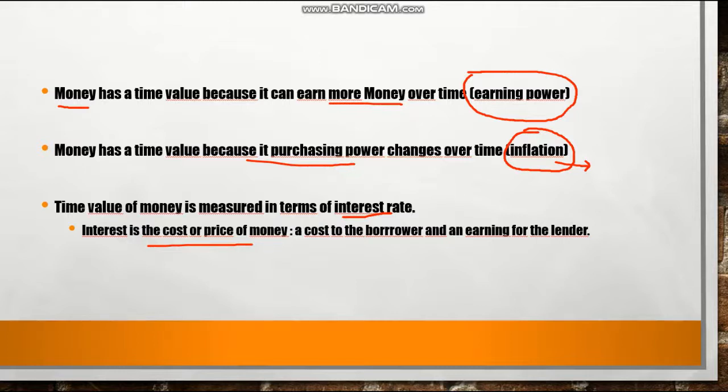Annually it's like, I don't remember, 15-16% or something like that. So this is how we can measure how we are going to earn or lose money. If you borrow money, you are going to lose because you need to pay the interest. And if you lend your money to the bank, you are going to earn due to the interest. All right.